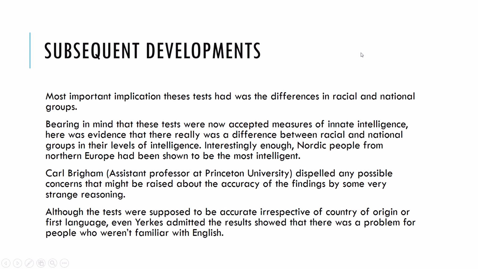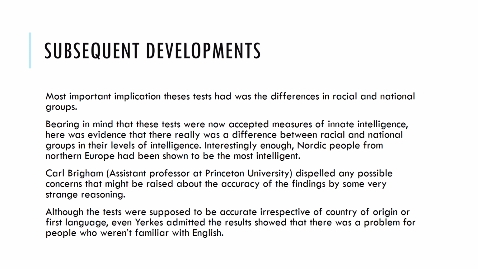Other developments came from this. The fact that was established that the average mental age of an American was 13 was quite concerning, obviously, but I think the most important implication of these tests was the differences in racial and national groups.